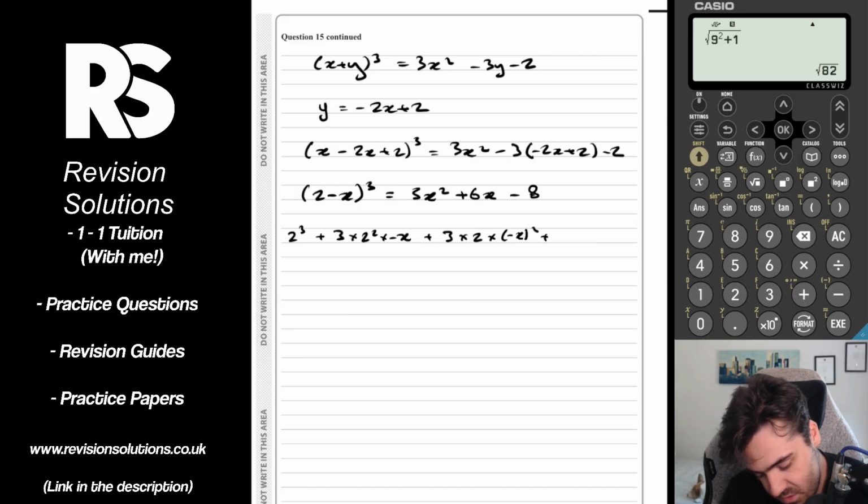And then the last bit would just be minus x all cubed, which leaves us with just minus x cubed, equals 3x squared plus 6x minus 8.